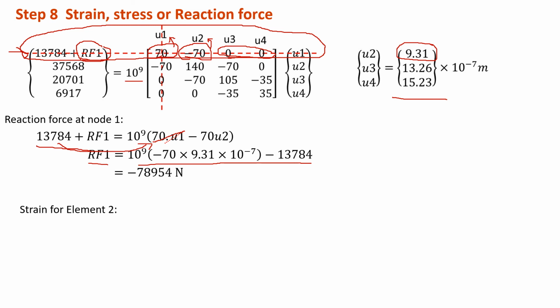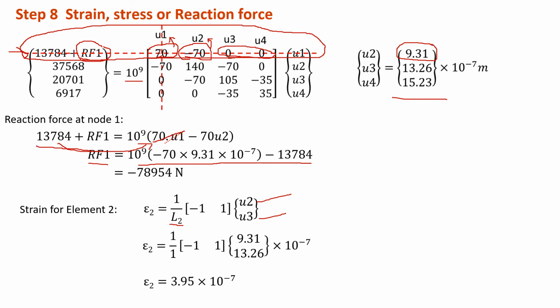Next, you can calculate the strain for element 2, for example. The equation is dedicated to element 2, meaning that the length will be L2, and the respective nodes for element 2 are node 2 and node 3. That's why we use U2 and U3. By replacing these values, we can solve for strain.